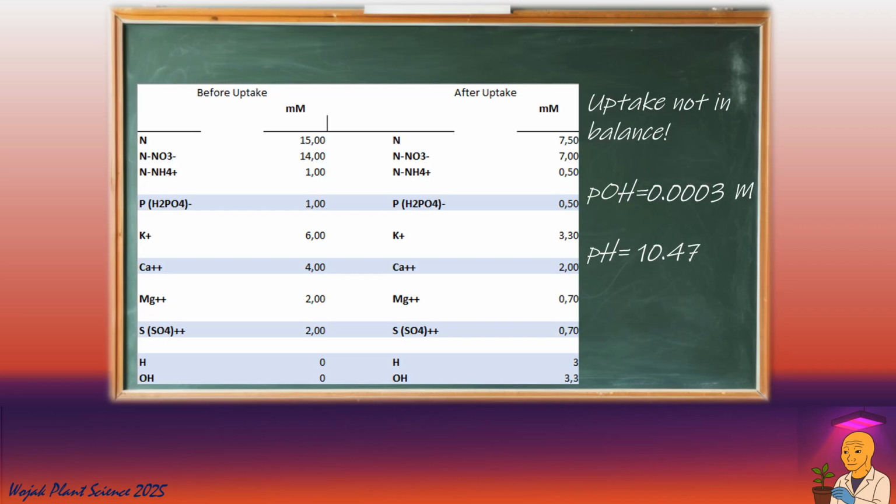Okay, so in this example, our uptake is not in balance, and we have a lot of nitrate left over. So this is why we result in a pH that is relatively high with 10.47.